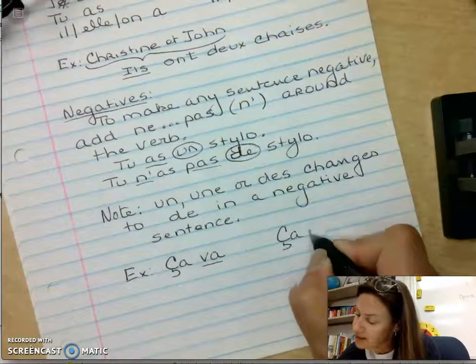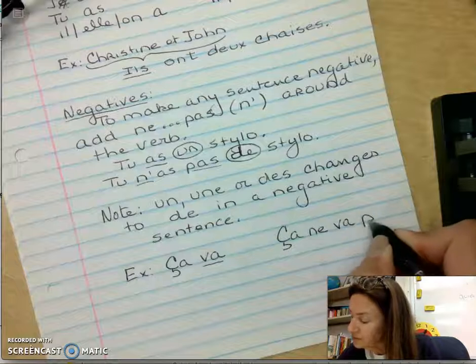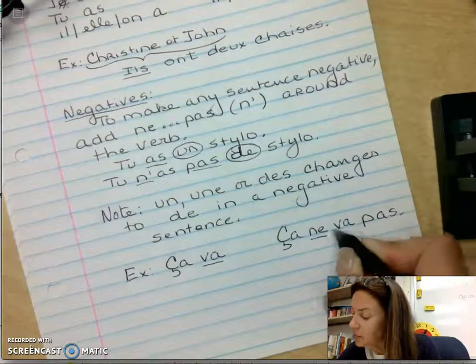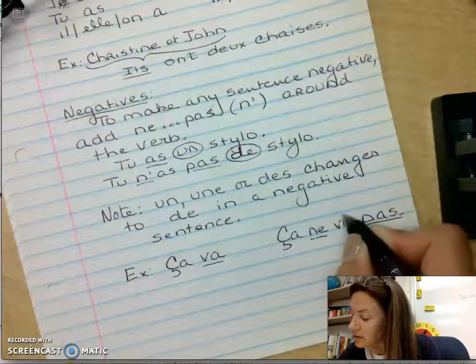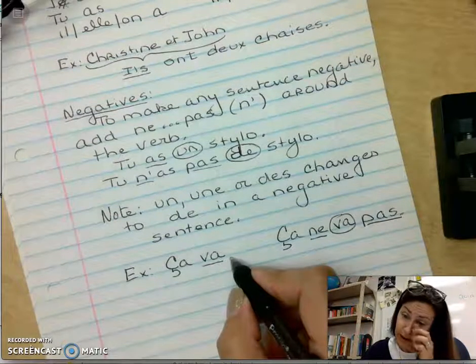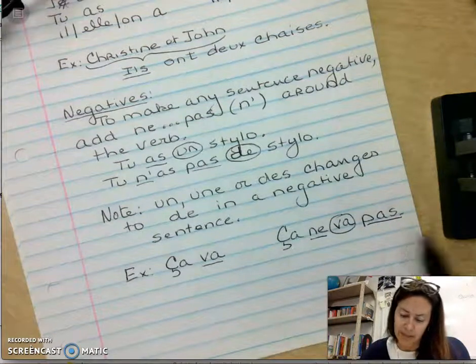This becomes ça ne va pas. So this time I'm bookending this verb. It's going, meaning I'm okay. It's not going well. Okay?